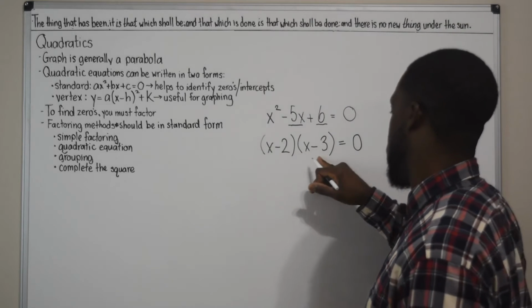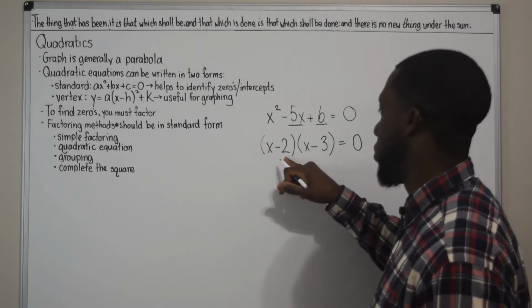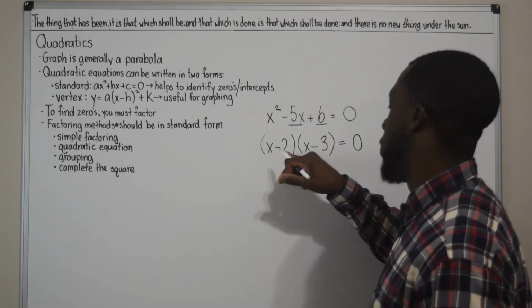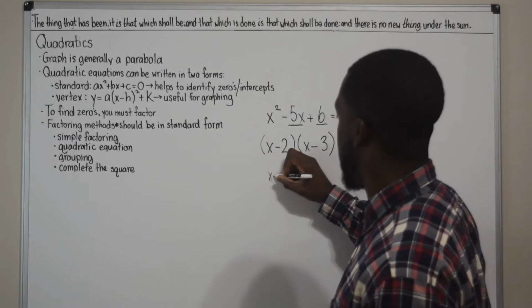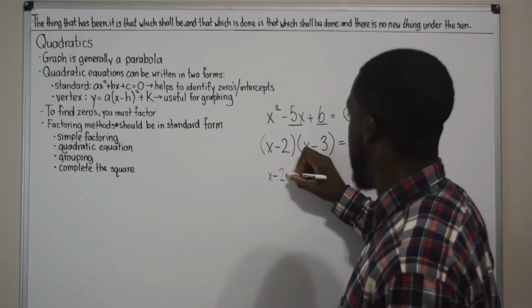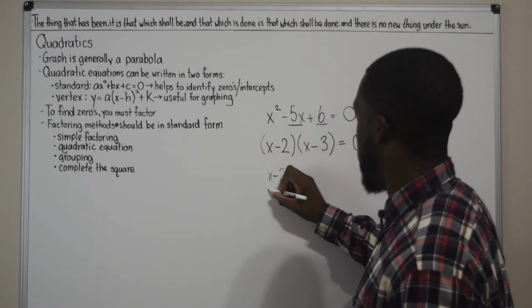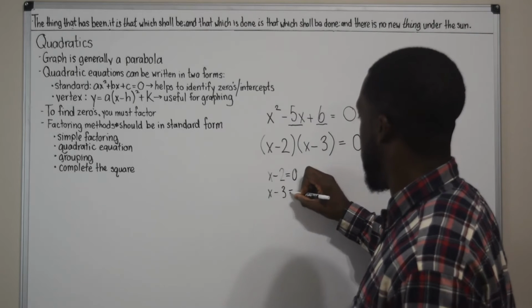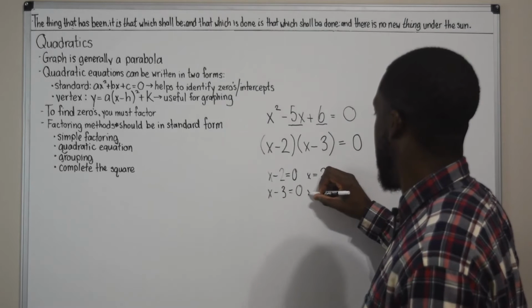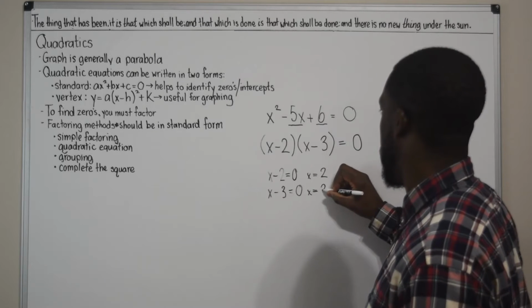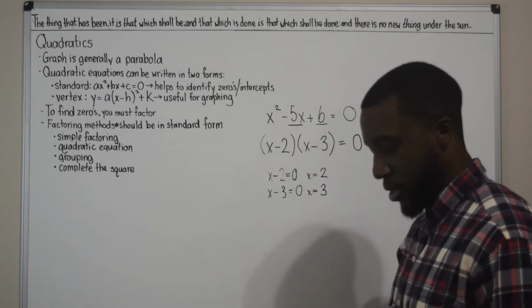These are factors, I'm not gonna say terms. So we would have x minus 2 equals 0, and x minus 3 equals 0. So x equals 2 and x equals 3. Simple.